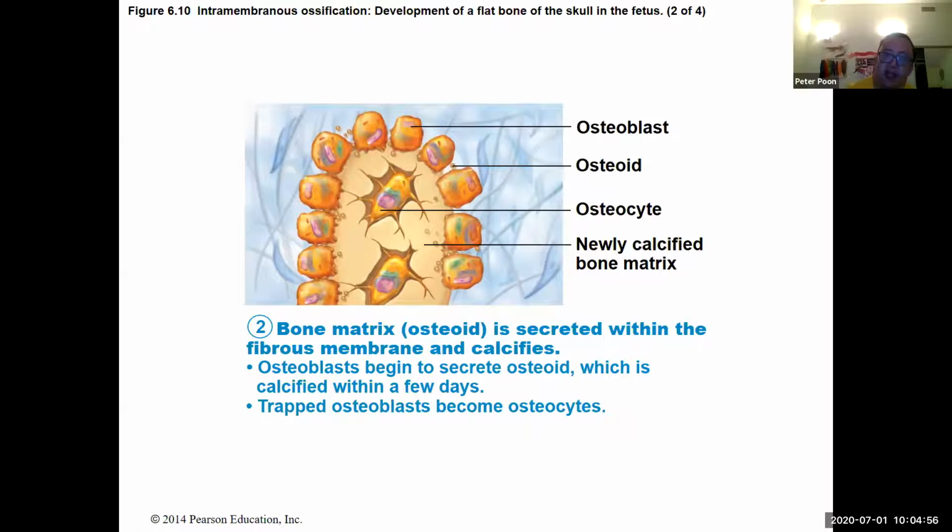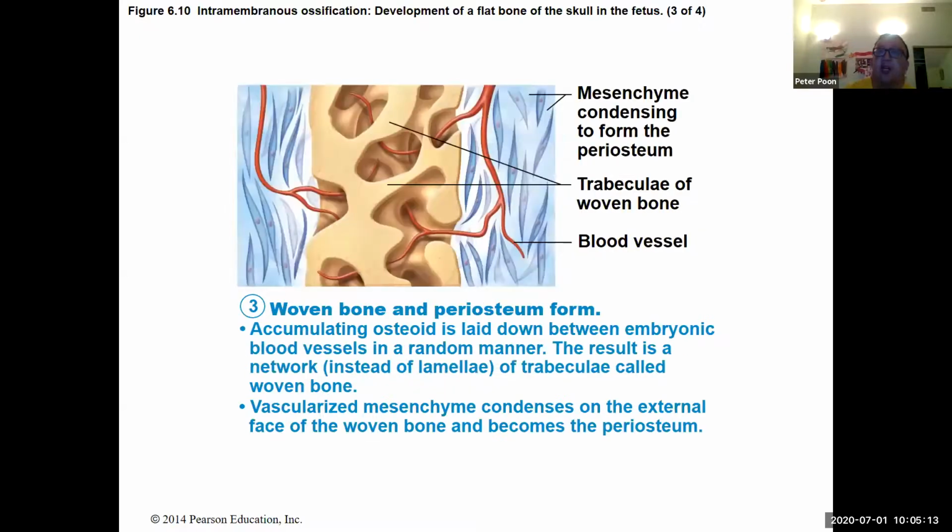You can see the osteoid forming and where the solid bone has formed. These cells turn into osteocytes, and there are more osteoblasts on the edges where they're forming more bone. Eventually, you bring in a blood supply. One of the big differences between bone and cartilage is that bone has a blood supply.